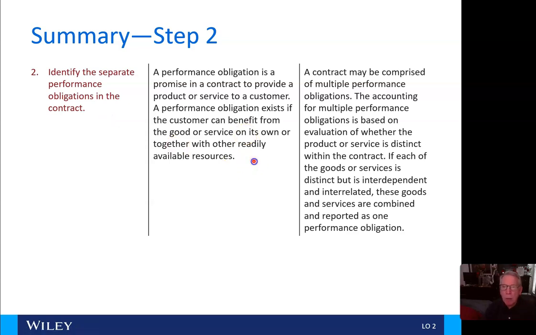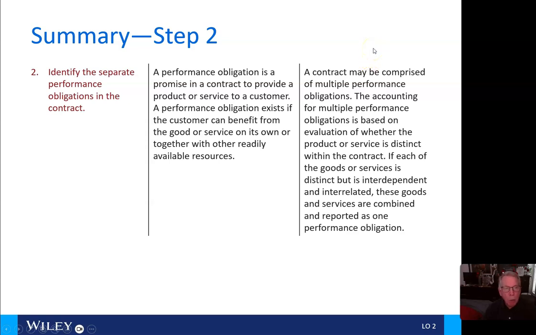Here, the performance obligation is a promise in a contract to provide a product or service to a customer. A performance obligation exists if the customer can benefit from the good or service on its own or together with other readily available resources. And the contract may be comprised of multiple performance obligations.